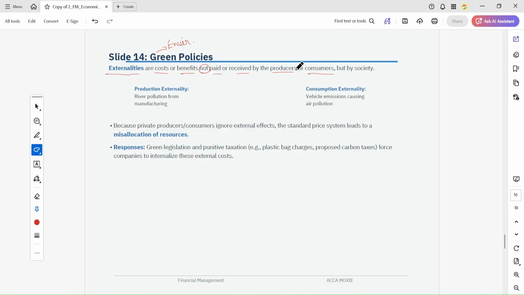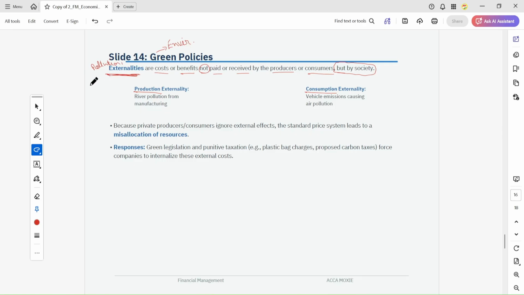Neither the producer nor the consumer pays, but who pays for the externalities? Externalities are like pollution, and this type of pollution is usually borne by society. Externalities are divided into two parts: first is production externalities, and second is consumption externalities.